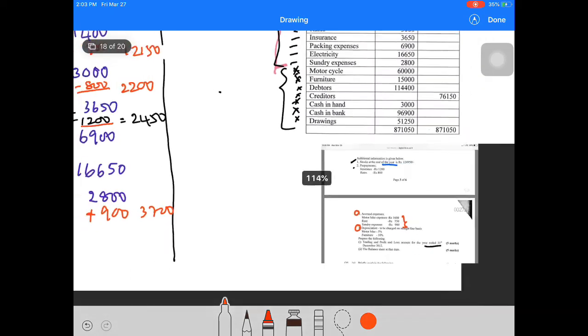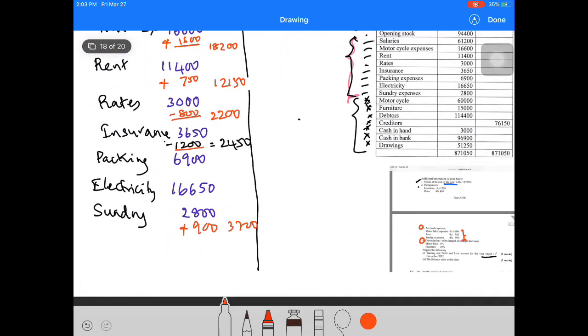We have the motorbike value as the 60,000. Depreciation for bike will be 5% from 60,000, that is 3,000. Depreciation for furniture is at 10%. Furniture value is 15,000. 10% from 15,000 will be 1,500.